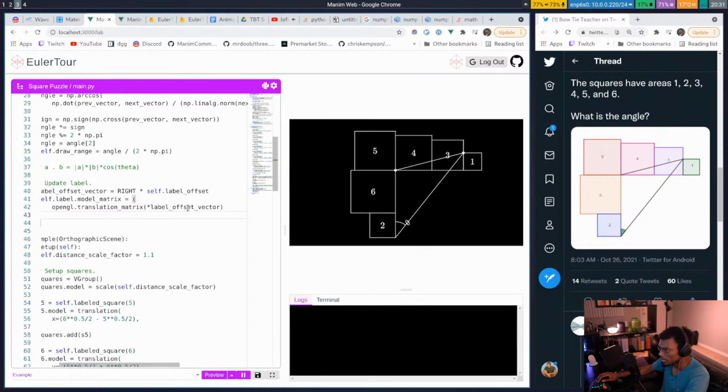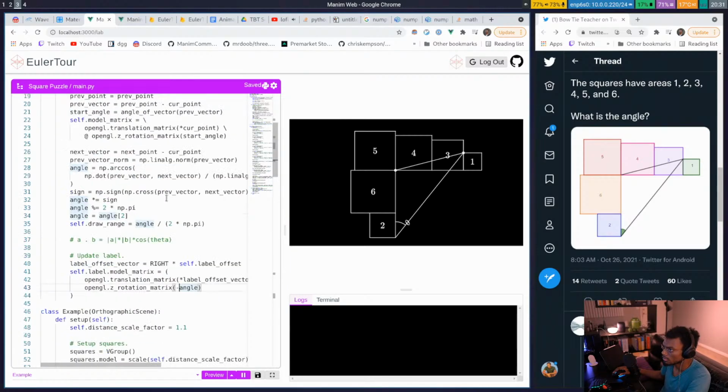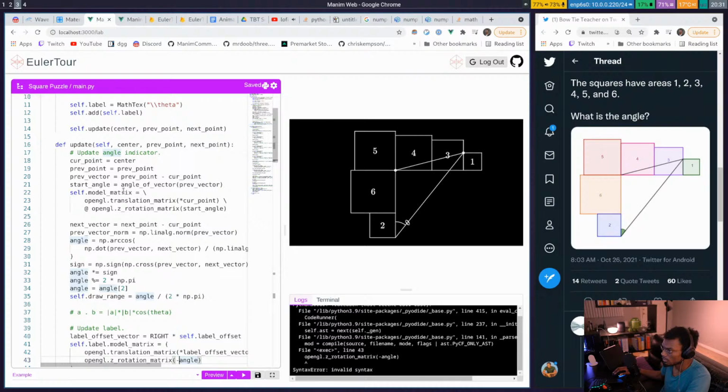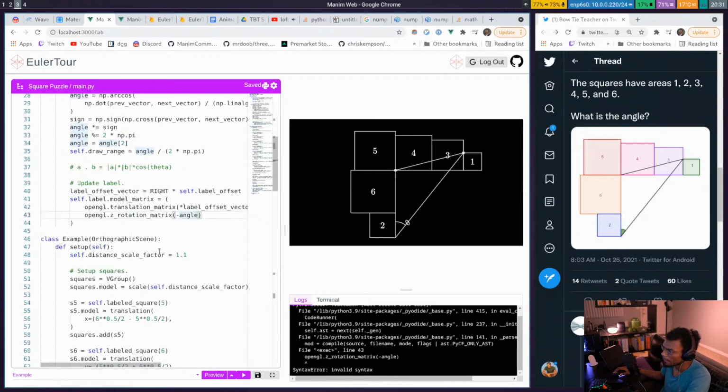So if I rotate it, let's do a negative of, not angle, but start angle. That I think was actually the problem.